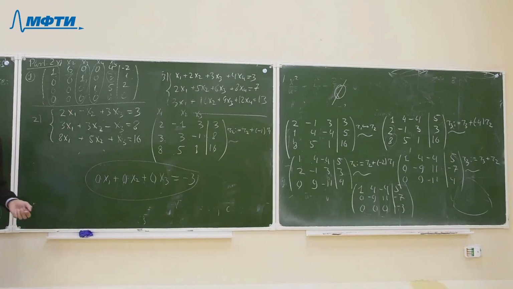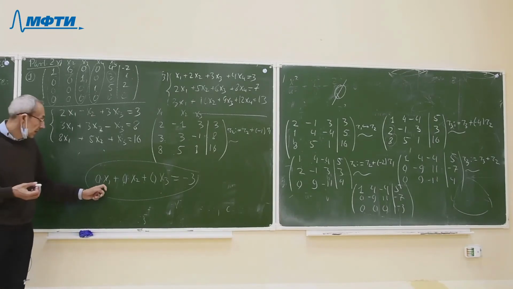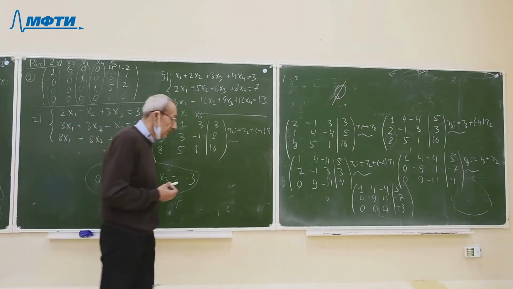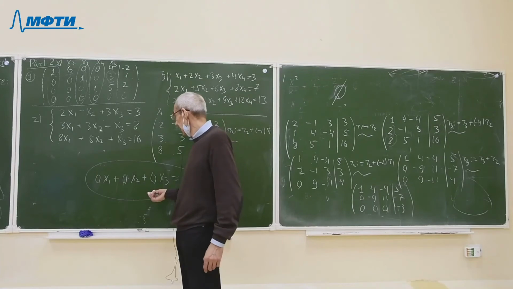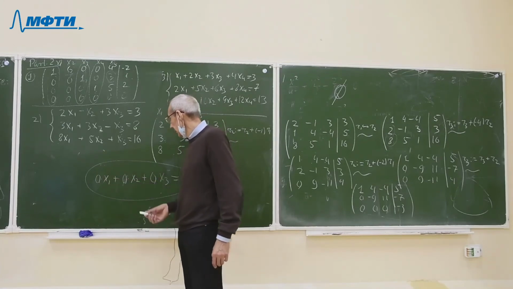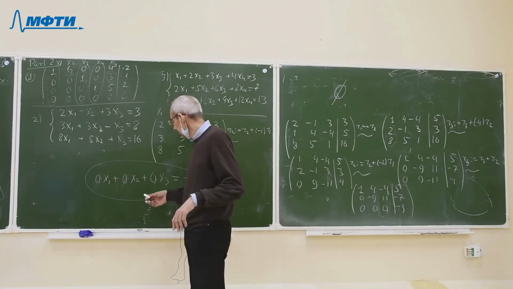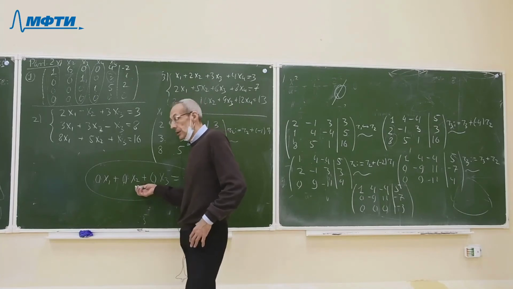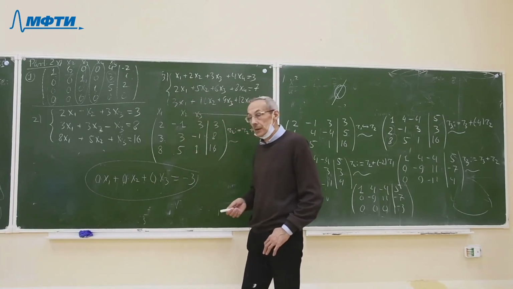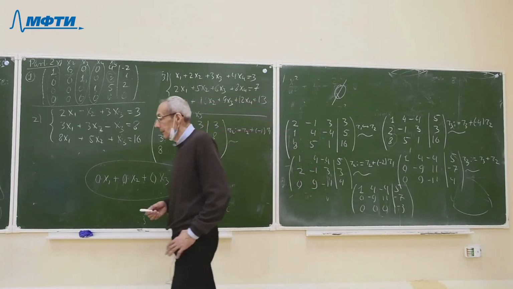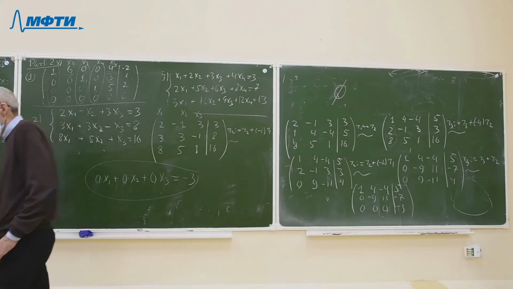Such a linear equation has no solutions. We can put any arbitrary values for the variables, but on the left side, in any case, we obtain 0. But on the right-hand side, we have a non-zero element. 0 is not equal to non-zero.